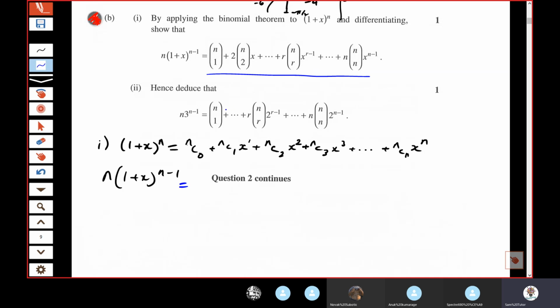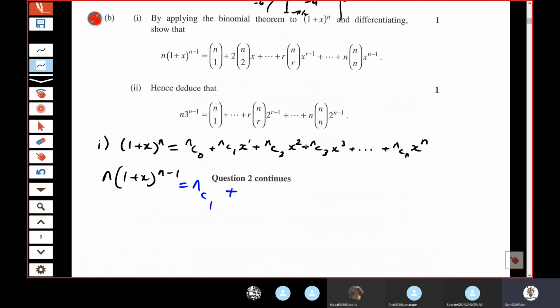Well, it disappeared because what do you do when you differentiate a constant? Go on. What's the derivative of nC1 x? What do you usually do when you're differentiating something multiplied by x? Isn't it just that something? So what's the derivative of 3x, 4x, 5x, 10x, 20x? Any x, it's just that anything. So it's just nC1. There it is, nC1.